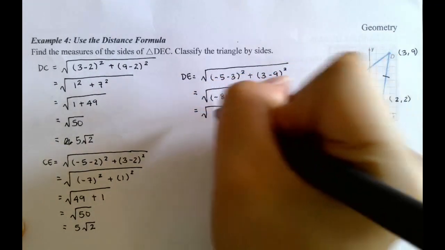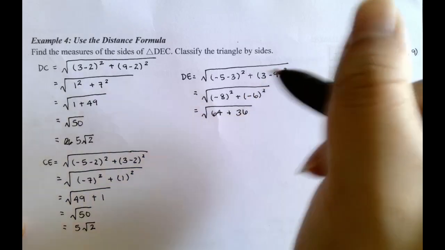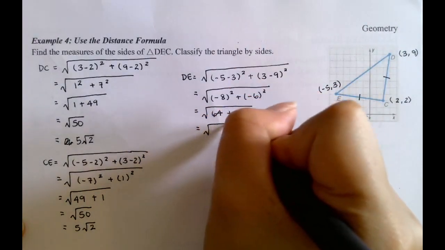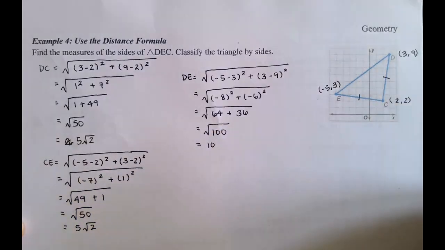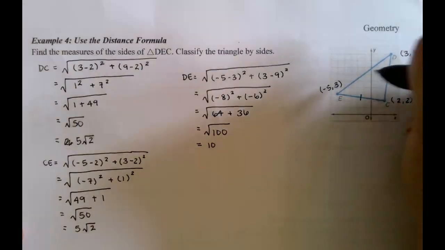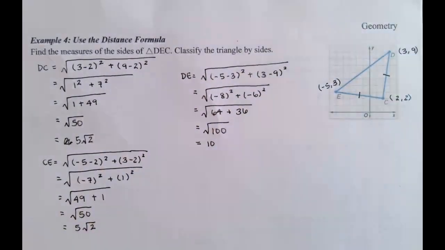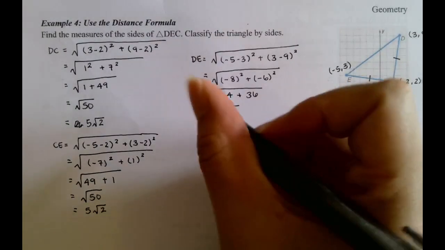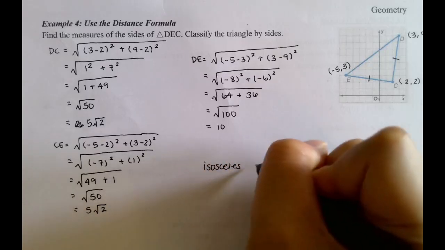Negative 8 squared is 64. Negative 6 squared is 36. 64 plus 36 is 100. And when I square root 100, that gives me 10. So this side is not the same. But because I have two sides that are the same, or congruent, that would make this an isosceles triangle.